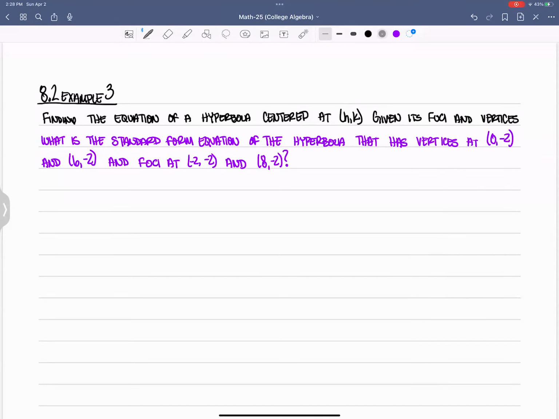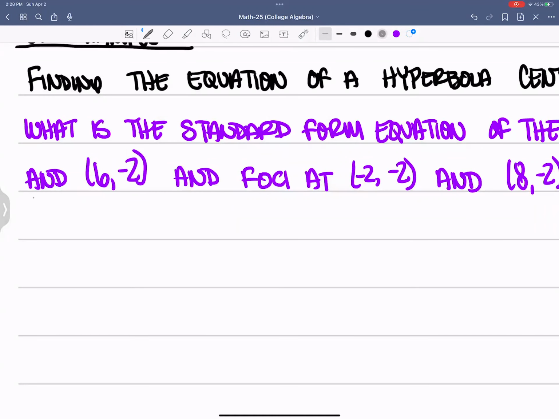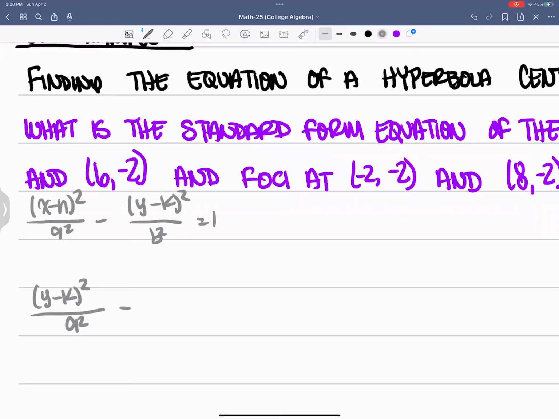Because at this point, we have two possibilities. We could either be in the form (x minus h) squared over a squared minus (y minus k) squared over b squared equals 1, or we could be in the form (y minus k) squared over a squared minus (x minus h) squared over b squared equals 1.